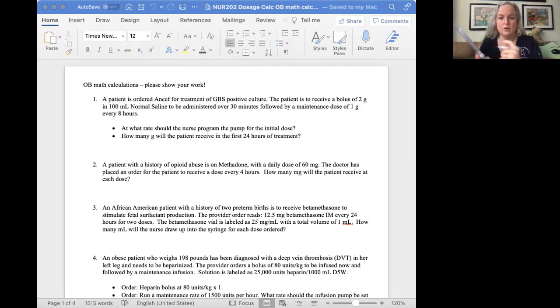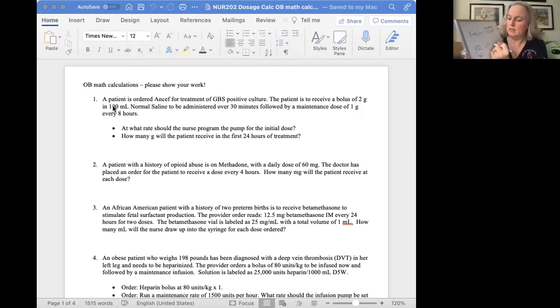So we have an order for 100 milliliters, and we're going to run it over 30 minutes. So we're going to do 100 over 30 times 60 minutes in an hour, 60 over 1.